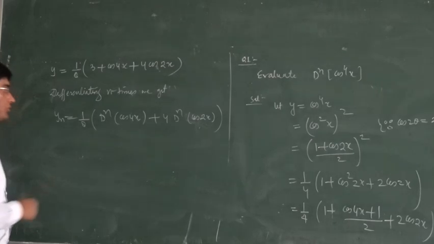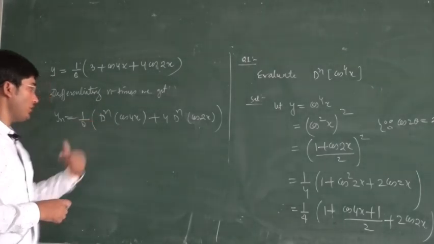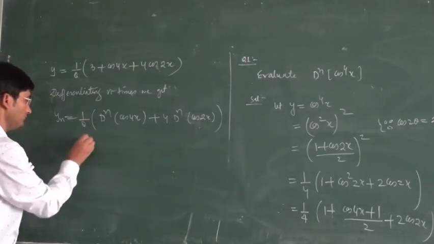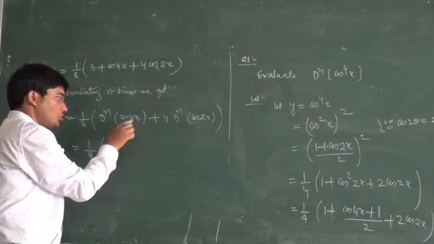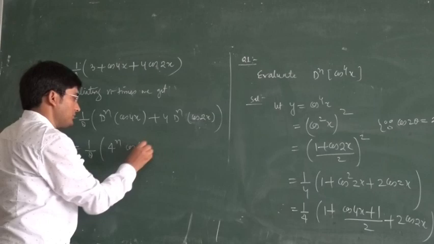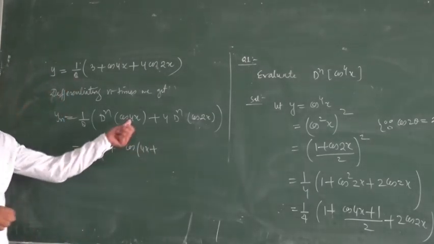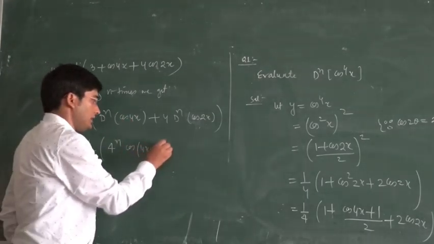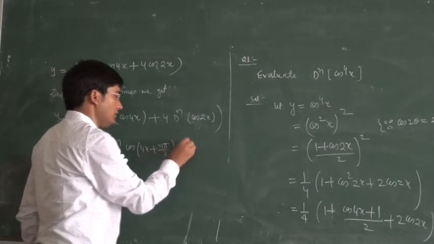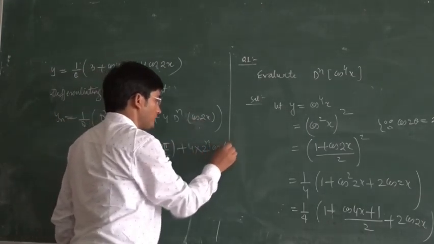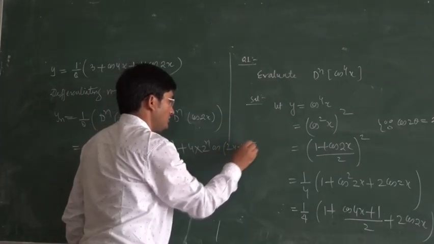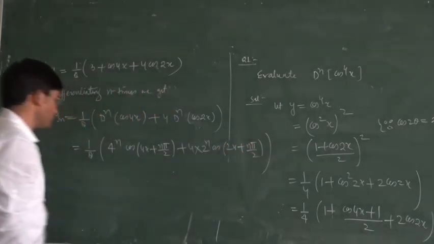And the nth derivative of cos ax plus b was a power n cos ax plus b plus n pi by 2. So that means 4 power n into cos 4x plus n pi by 2. Then similarly, nth derivative of cos 2x will be 2 power n into cos 2x plus n pi by 2. So this is your answer.